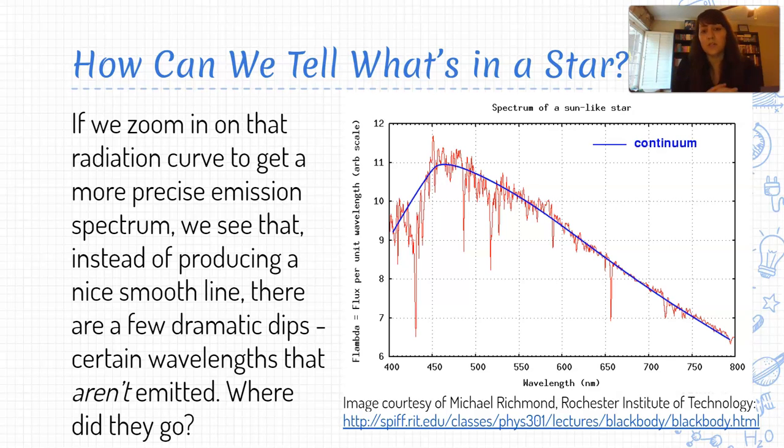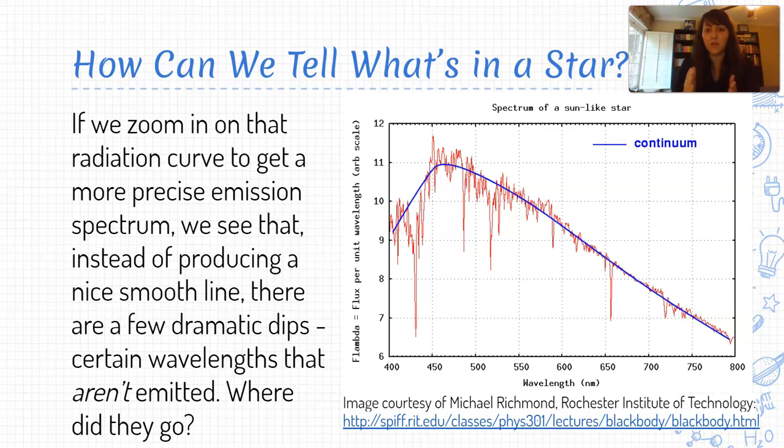And what I hope you'll notice looking at this red curve is, yeah, it's a little bit jagged, but in particular, there are a few places where we see these really dramatic dips. So we're hanging out, and then whoom, suddenly there's a significant lack of one particular wavelength. Then we go back to noise, and then whoom, there's another dramatic dip there.